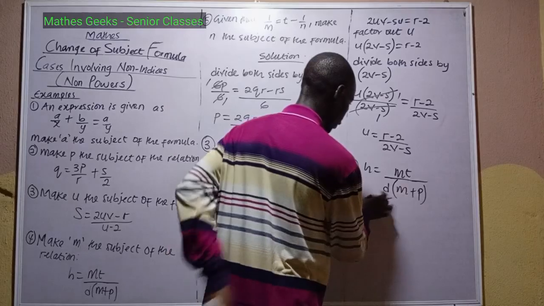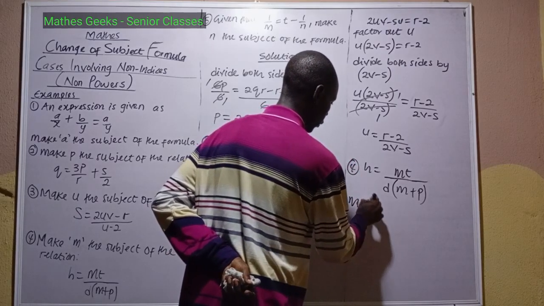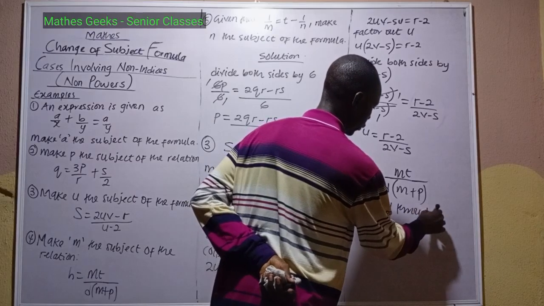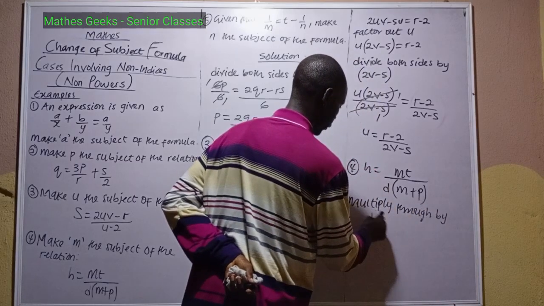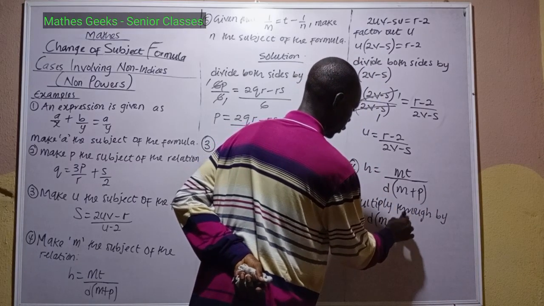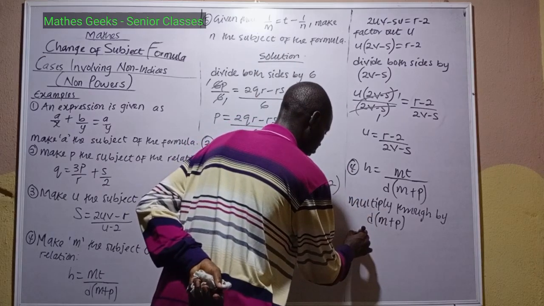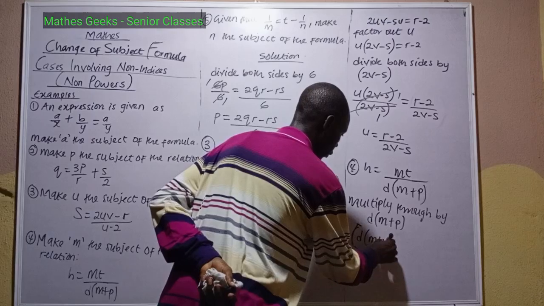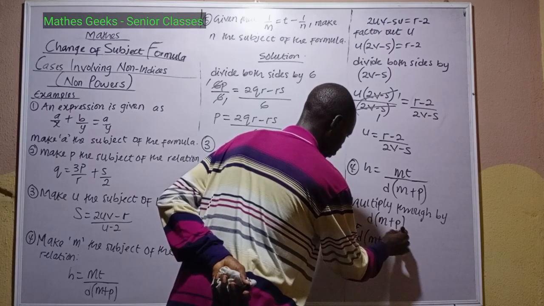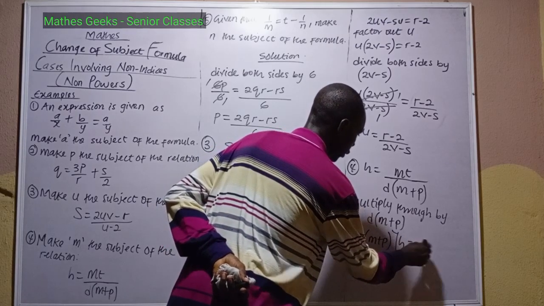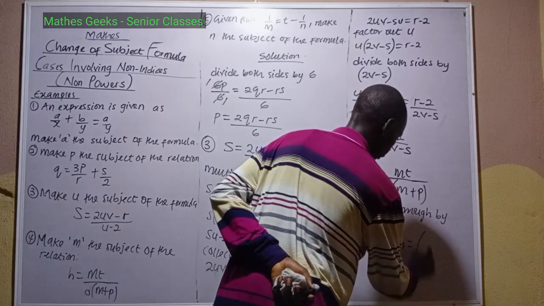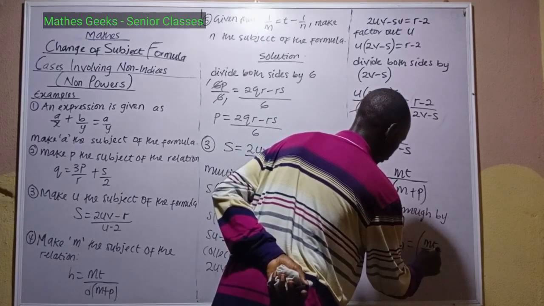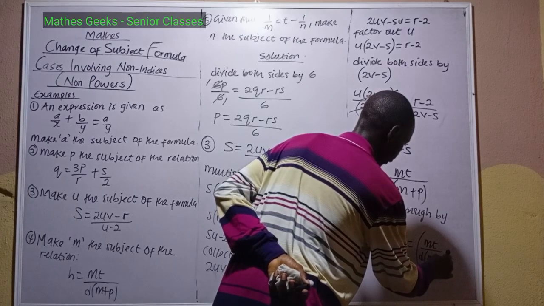So the first thing is to multiply both sides, multiply through by dn plus p. So h times dn plus p equals nc over dn plus p times dn plus p.